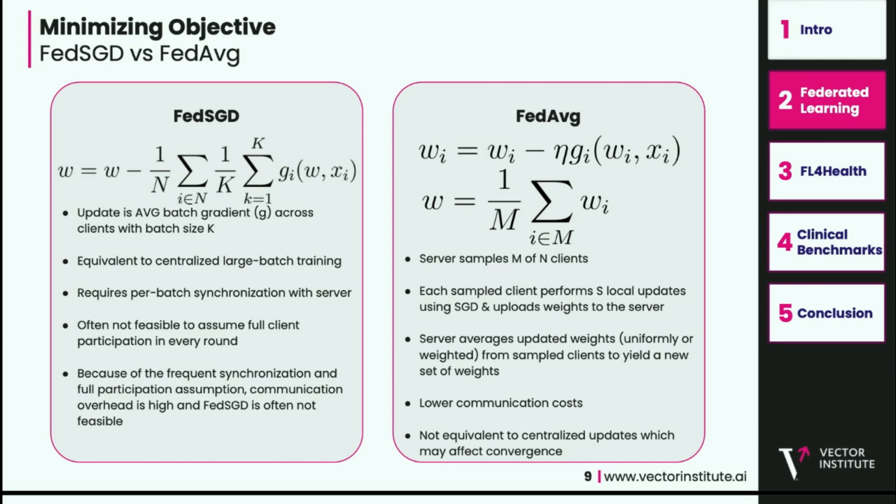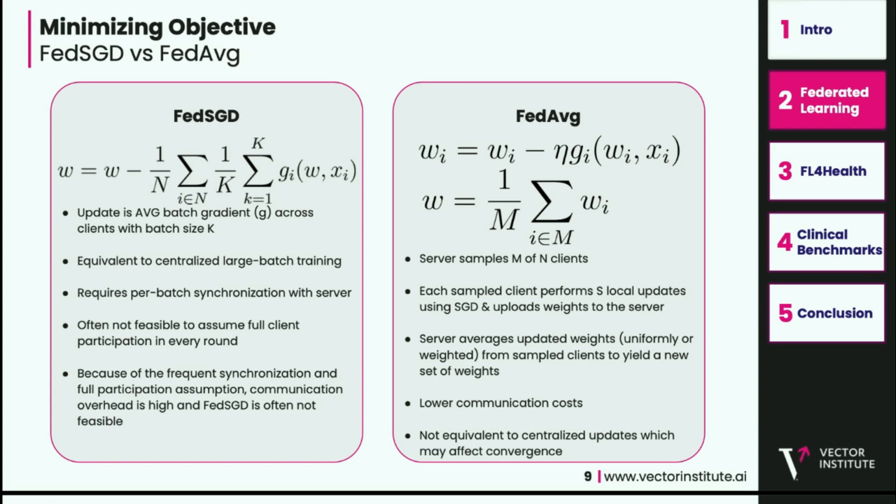The nice thing about FedSGD is it's equivalent to centralized large batch training, but it requires per batch synchronization with the server, so it's often not feasible to use in practice, especially in cases where we have large numbers of clients, lots of training steps, and other factors.